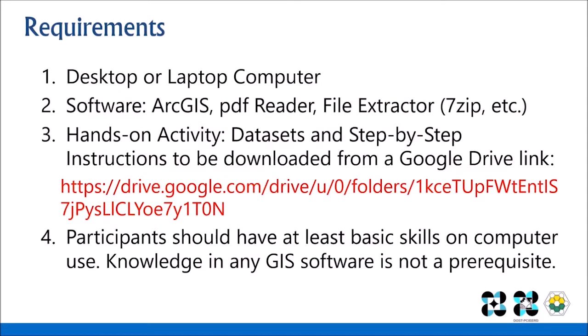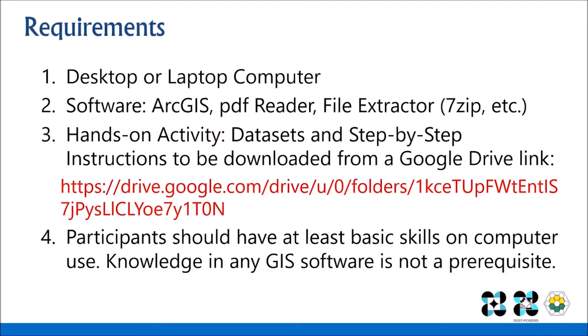Now for the requirements for this course, you need the following. Number 1, you need to have a desktop or laptop computer in order for you to do the hands-on exercises.